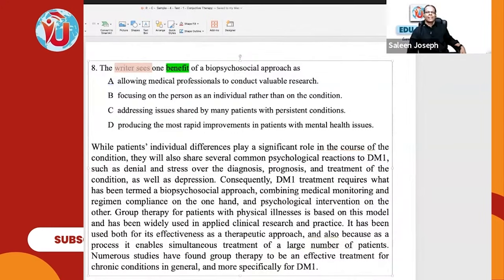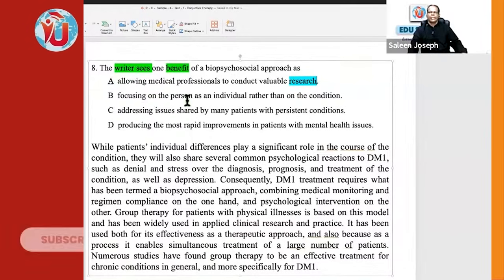May not be the person feeling it. It is all perception, like when I see that somebody is interested in OET, I understand it from something. So the first option: allowing medical professionals to conduct valuable research. Valuable research; you can highlight the adjective also.